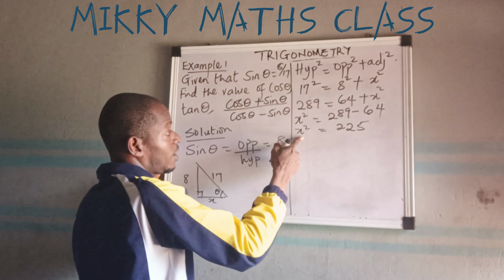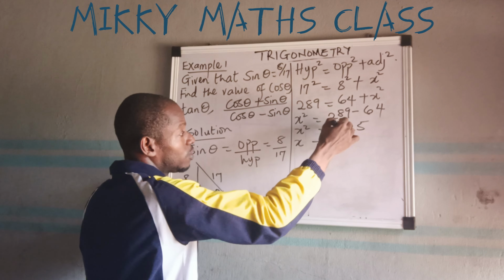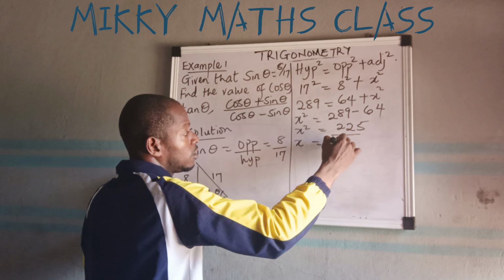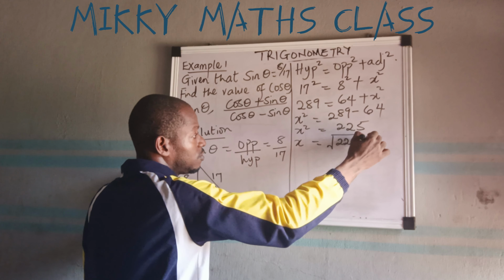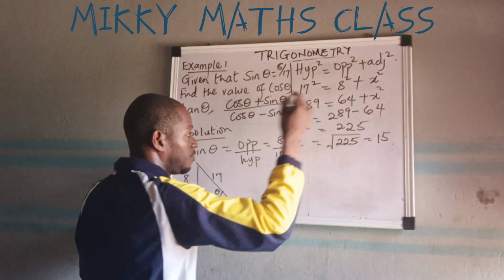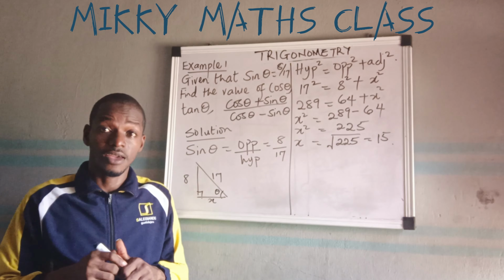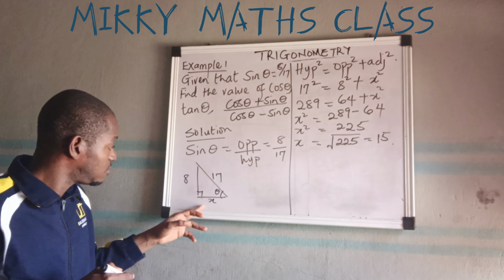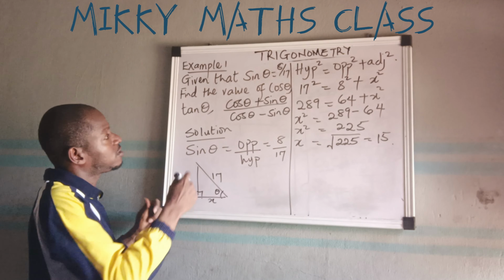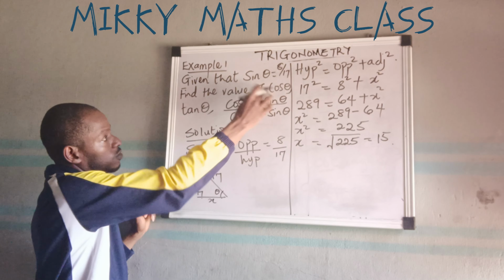So for us to get our x, we take the square root of this. The square root of 225 is 15. So our adjacent is 15. Now, let's look for our cos theta.